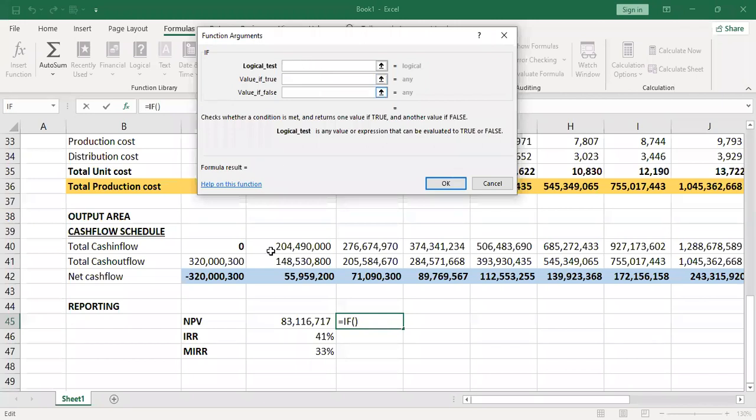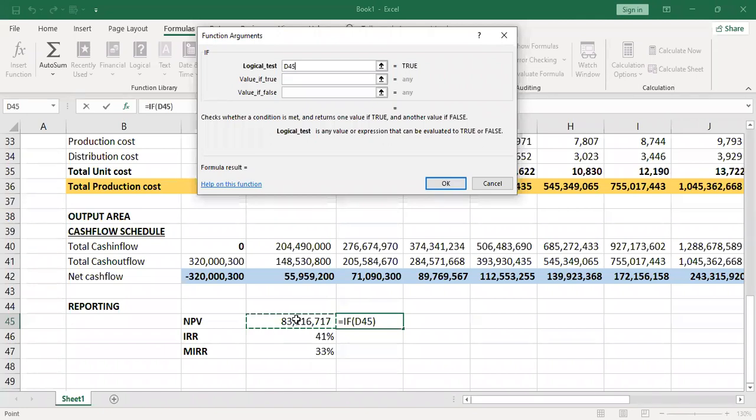Logical test, I've said click on the NPV value. Have you managed to click on the NPV value? Let me leave this one.